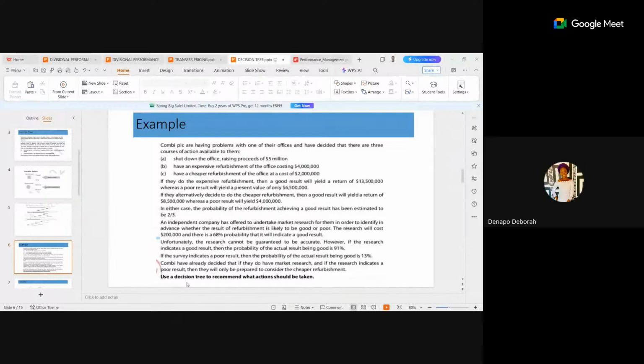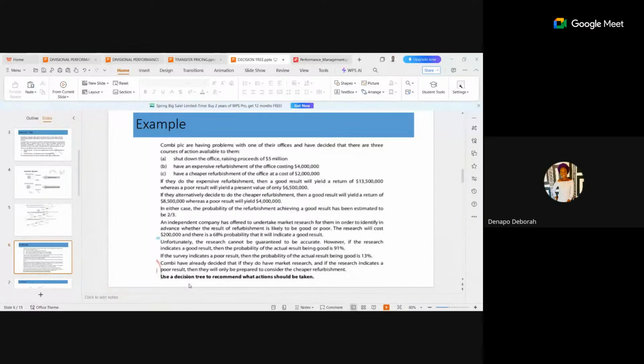An independent company has offered to undertake market research for them in order to identify in advance whether the result of refurbishment is likely to be good or poor. The research will cost $200,000, and there is a 68% probability that it will indicate a good result.